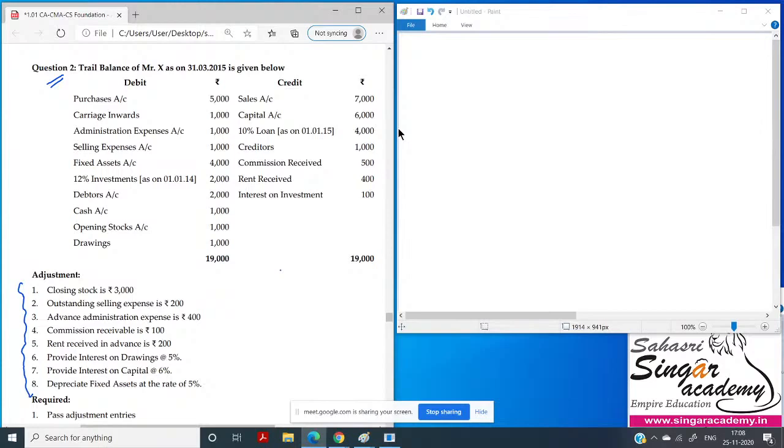But beyond that, we still have the journal entry, similar to the way we pass a journal entry in the case of a normal transaction. The same way we have journal entries for each and everything. Remember, the adjustment entries are nothing but items that, before the preparation of the trial balance, might have been missed or came to our knowledge only after the preparation of the trial balance.